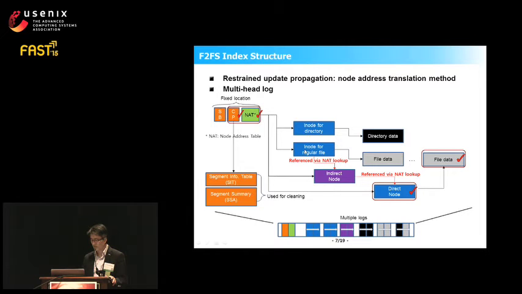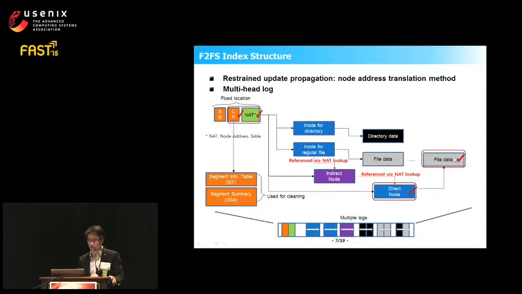The F2FS inode has node numbers for the indirect node and direct node, but it doesn't have a physical block address for those node blocks. Instead, we keep the physical block address of the node in the NAT, called the node address table.